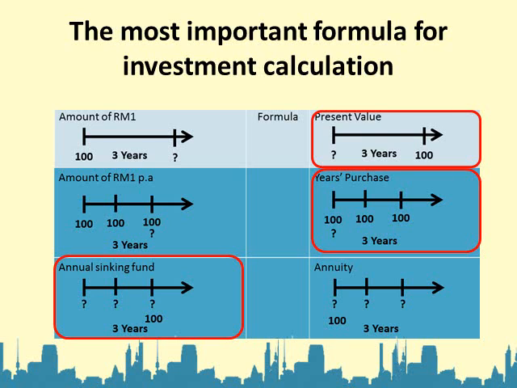Present value and years purchase are discounting factors, and you will see them a few times in investment calculation, especially in the conventional parts, and also annual sinking fund, especially in the leasehold property investment valuation. So whatever it is, these three formulas you need to clearly understand.